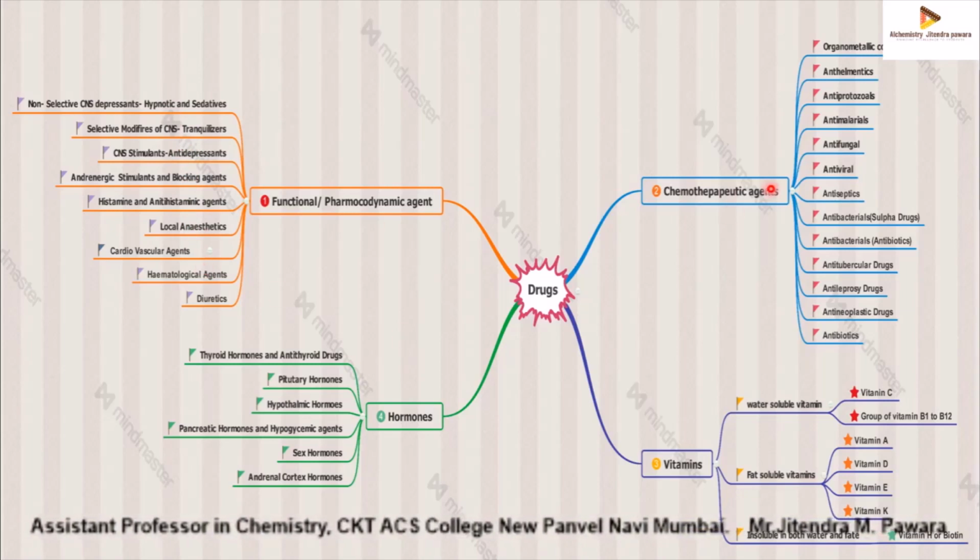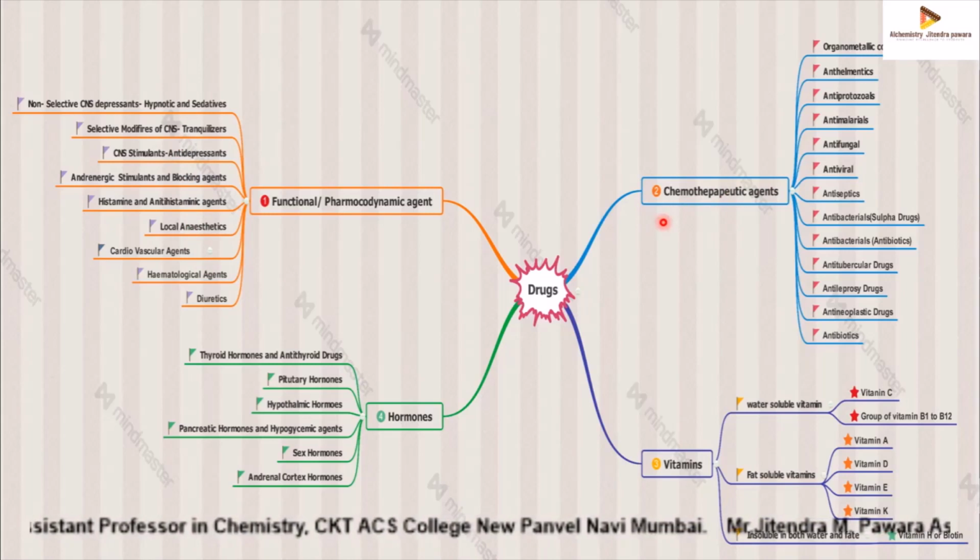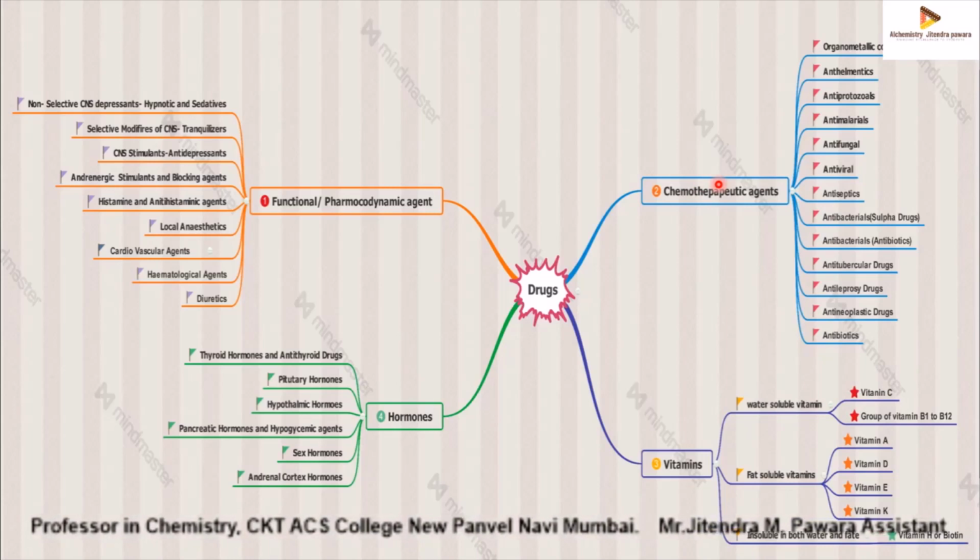Then the second broad class is chemotherapeutic agent. So what is a chemotherapeutic agent? The treatment of infectious disease by using chemical agent is called chemotherapy, and the substance employed is referred to as a chemotherapeutic agent.